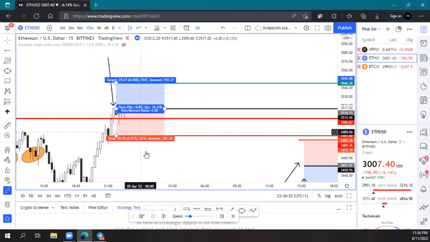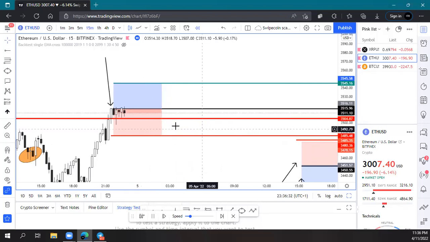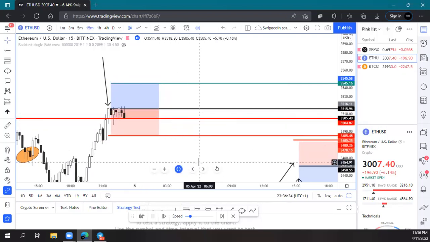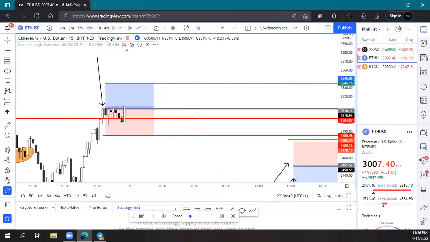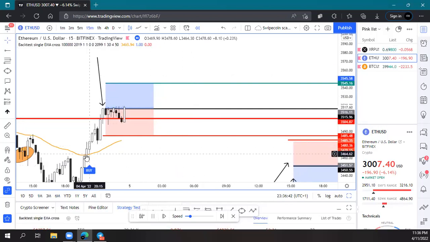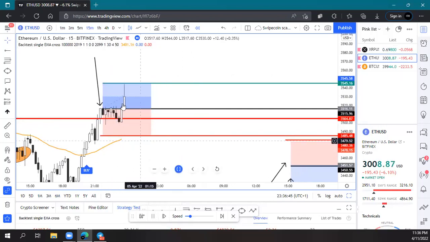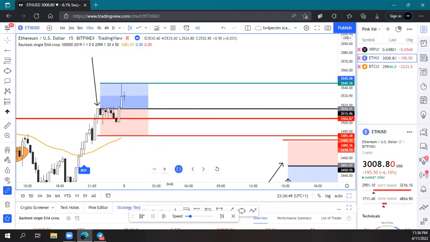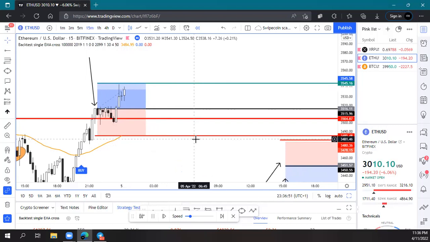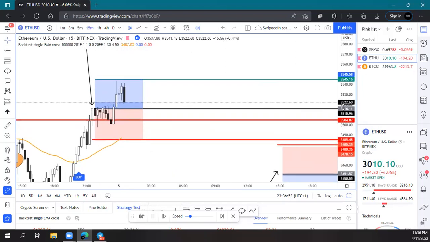All right, so this is it. You see the EMA is below. You see, we got close to TP. Did that thing hit TP or did it just wick around there?